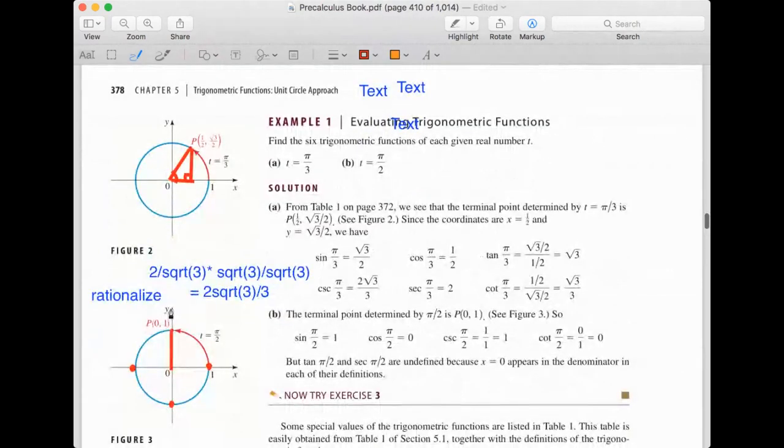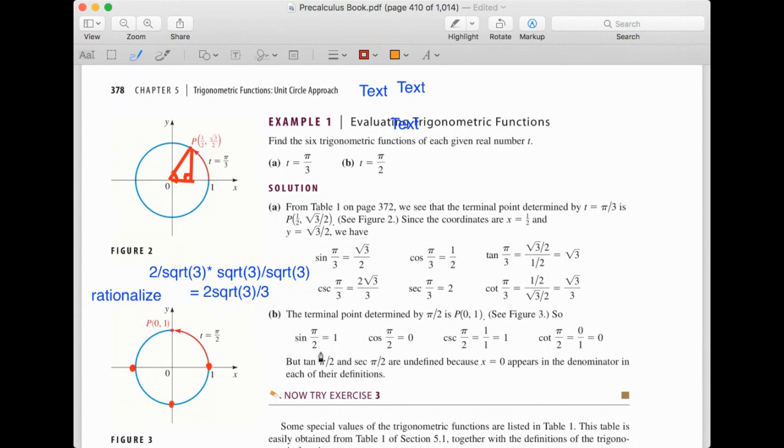Y is 1, so sine of pi over 2 is 1. A number we need to remember: sine 90 equals 1. Cosine 90 equals 0. We cannot make a triangle out of this point. Those four points have some special sine, cosine, and tangent values.